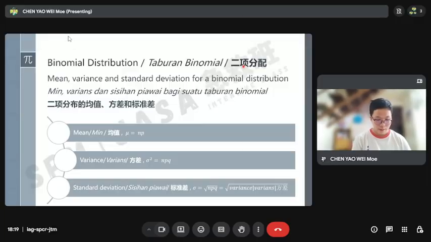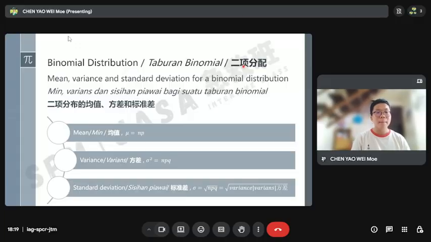So I will write the representation X ~ B, and I will put 7. 7 is the week, so the number of trials is 7.